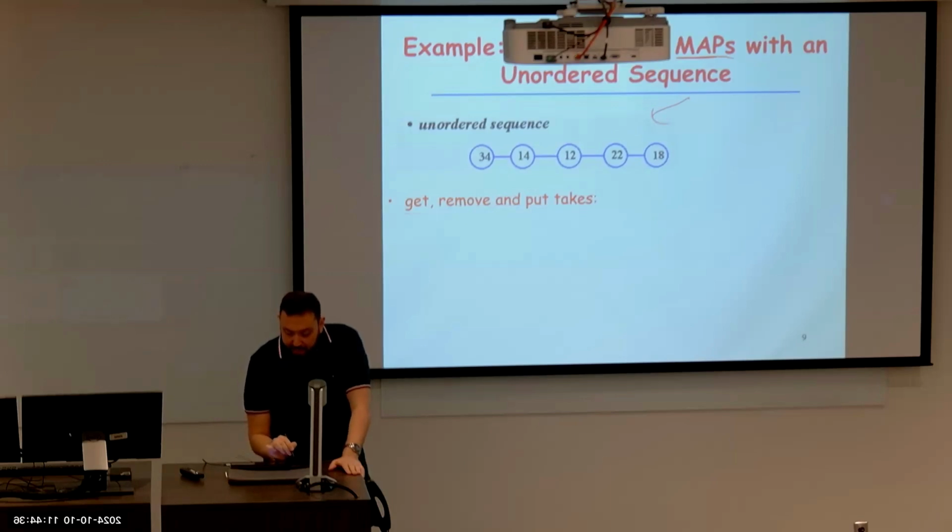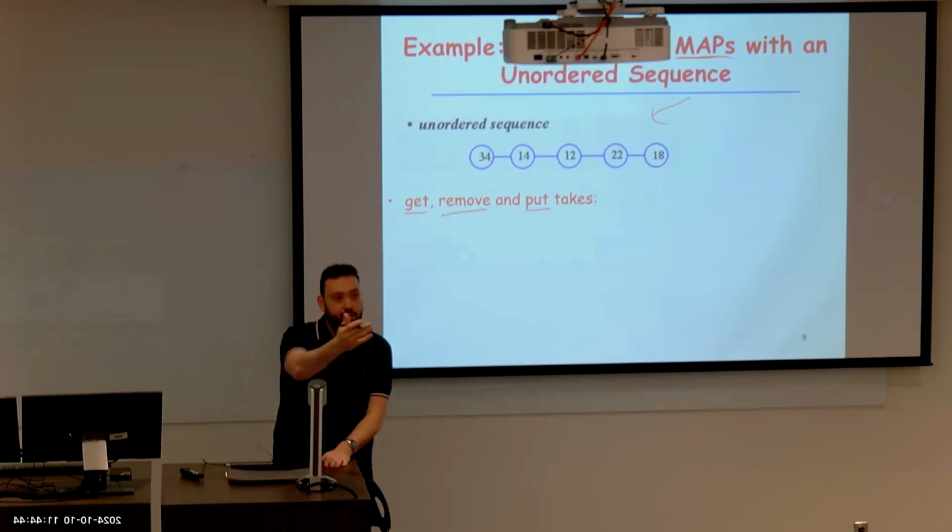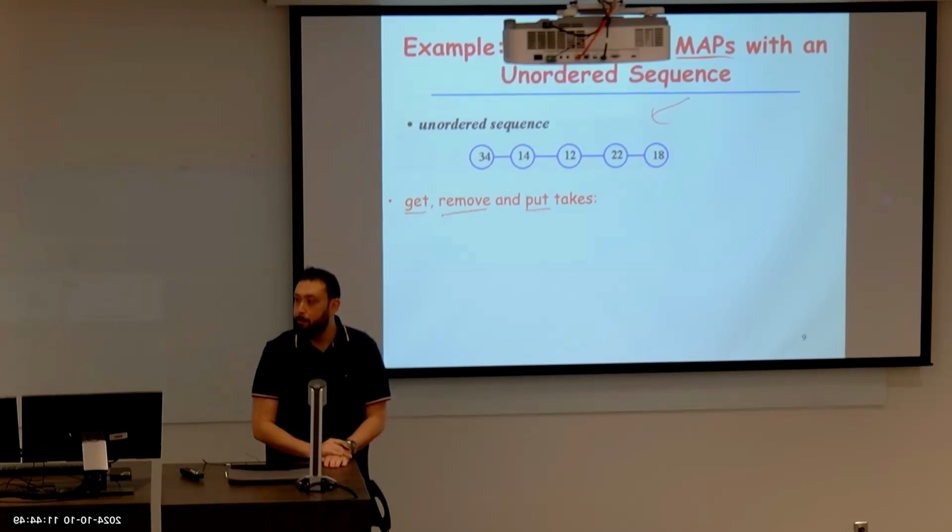If I want to do get, remove, and put in this unordered sequence, what would be my big O? What would be my algorithm analysis? Fida. O of 1. Riley. So O of 1, O of n. These are the 2 answers I am assuming.